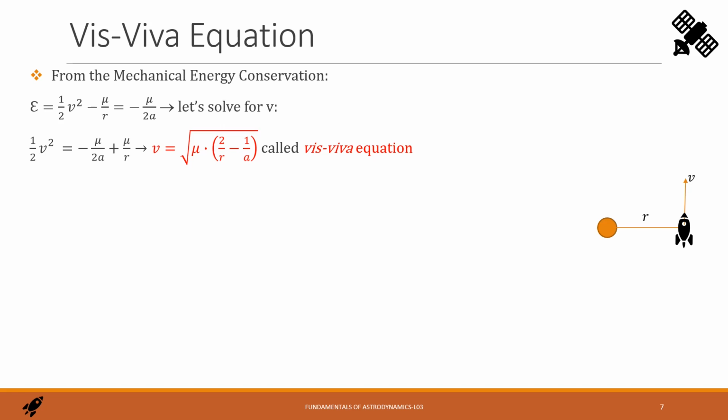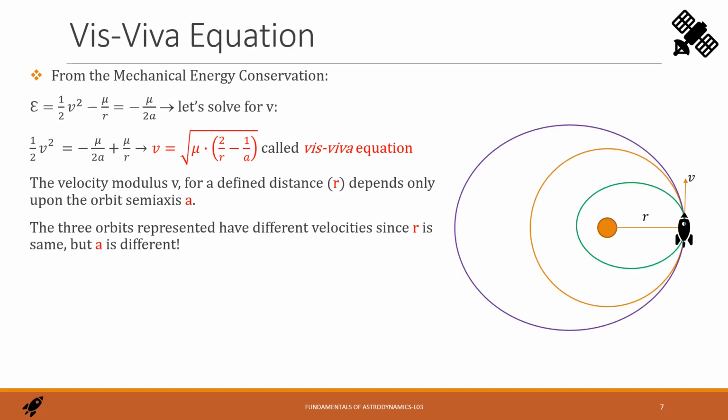That means, for example, that a small body along the three orbits represented in green, orange and purple respectively cannot have the same velocity. In order to have the same velocity, the orbits should have the same semiaxis. The elliptic orange orbit displayed in the picture has equal semiaxis to the orange circle, but the orbit is impossible because the central body is not occupying the focus.